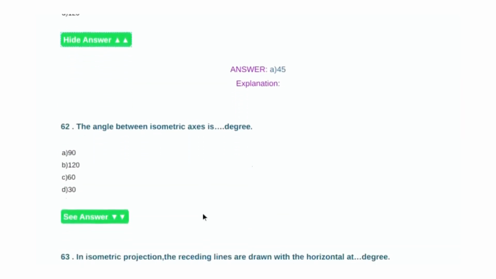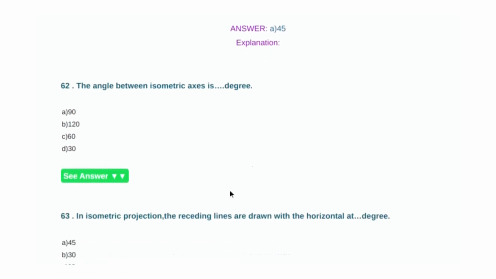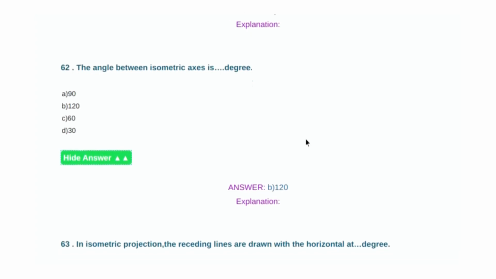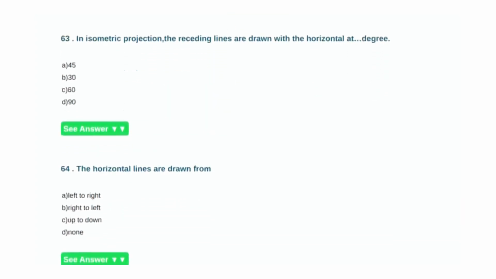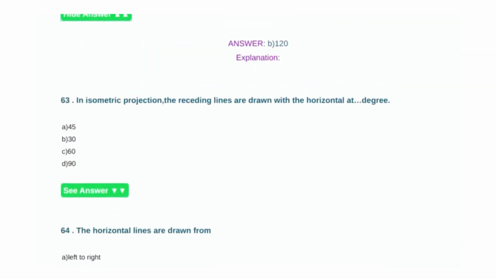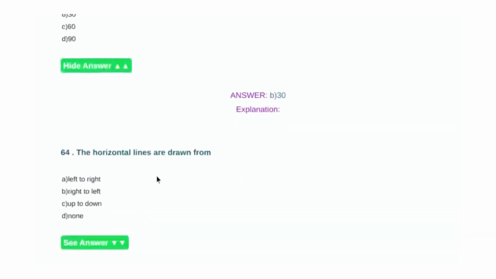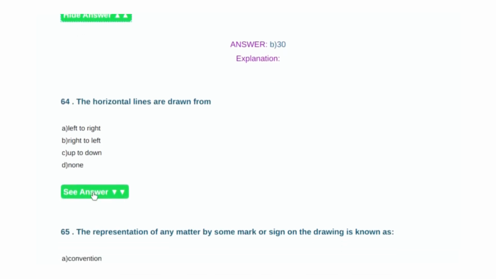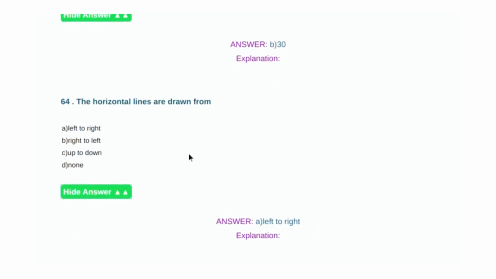The angle between isometric axes is 120 degrees. In isometric projection, the receding lines are drawn with the horizontal at 30 degrees. Horizontal lines are drawn from left to right.